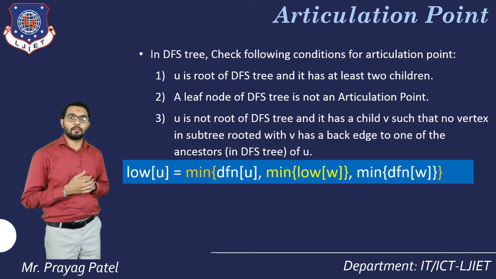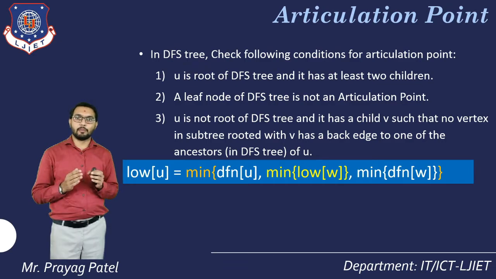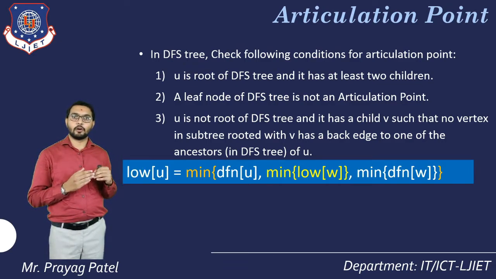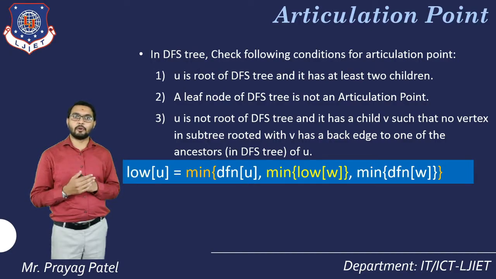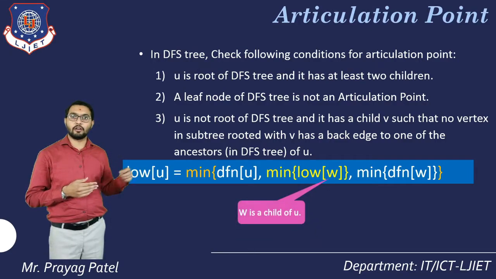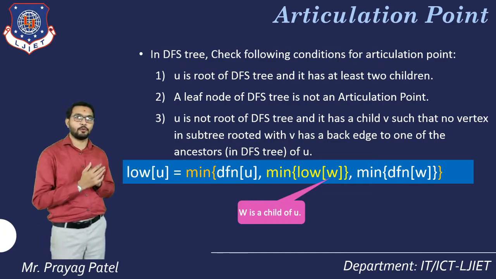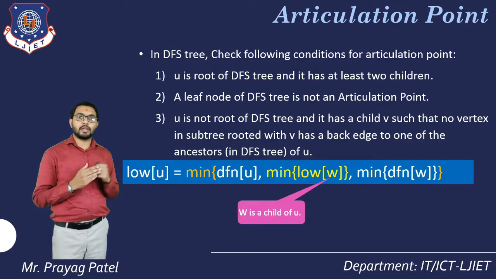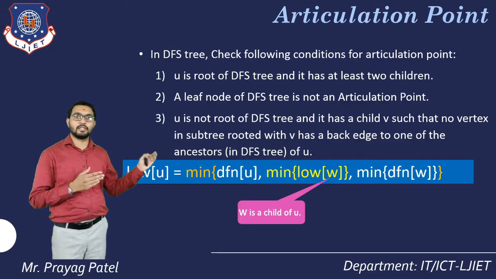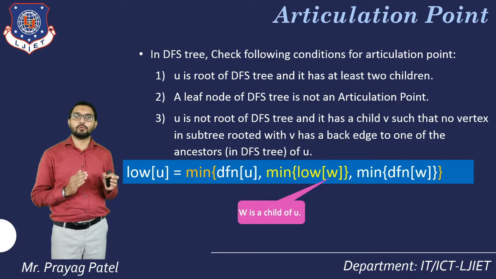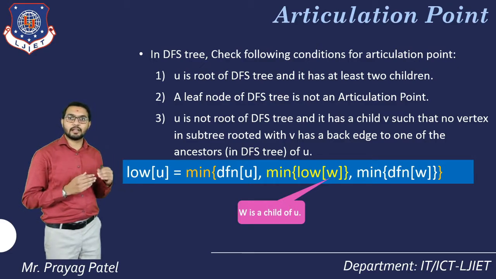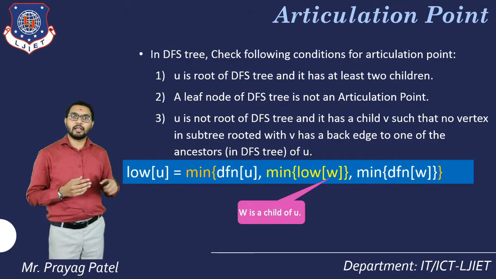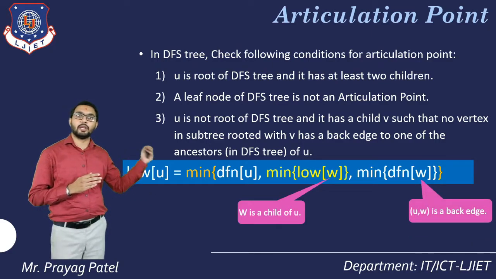So how can we find the value of low? Low of U is equal to the minimum of DFN of U, then the minimum of low of W, and the third part is the minimum of DFN of W. Here the first part is DFN of U, meaning the depth first number of U. The second part is the minimum of low of W, where W is a child of U. If you want to find the low for node U, consider a child of U as W. In the third part, W is such that UW is a back edge: U is your node and W is connected to U by a back edge.